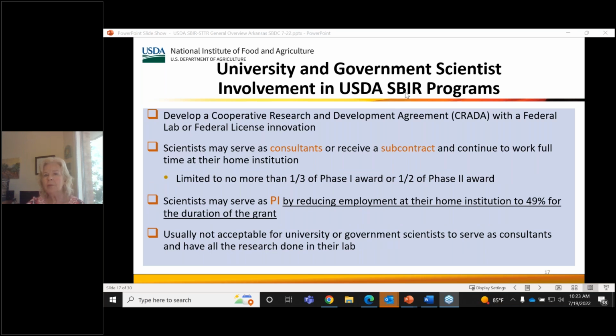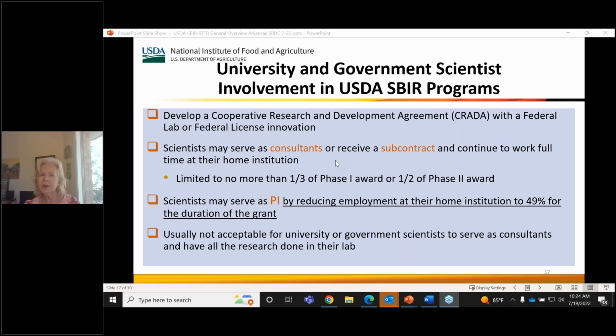University and government scientists' involvement in the USDA SBIR STTR program. So for SBIR, you can develop a cooperative research and development agreement, or a CRADA, with a federal lab. You can do that through ARS. And if anyone is interested in doing that, you can contact me, and I have some information about how you can be connected with that.